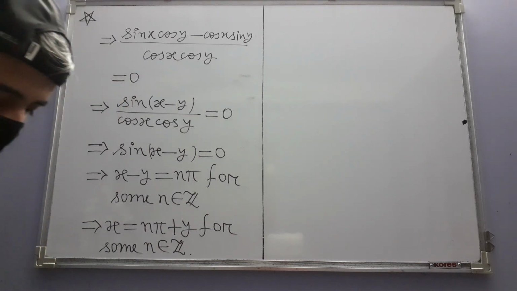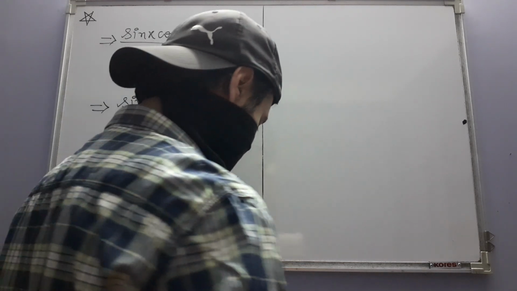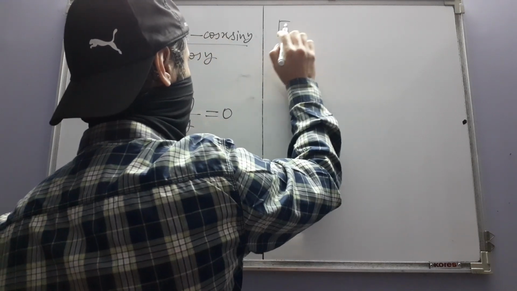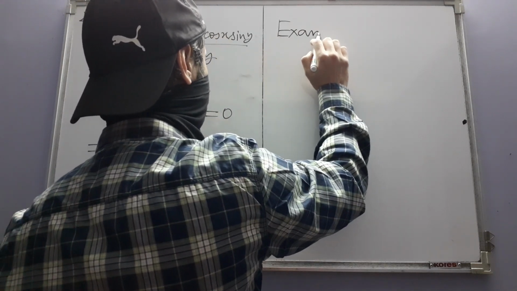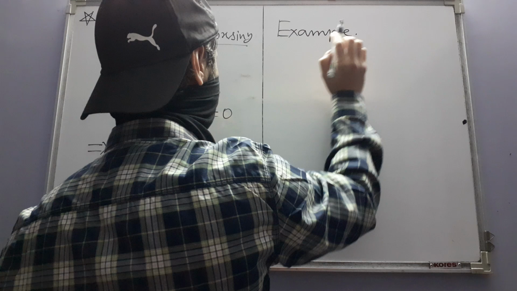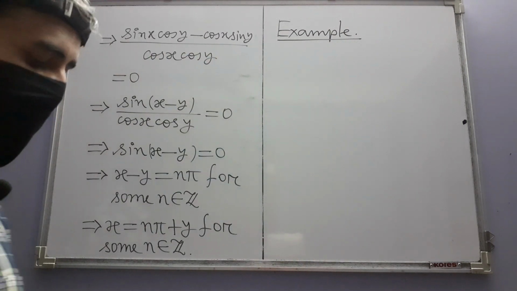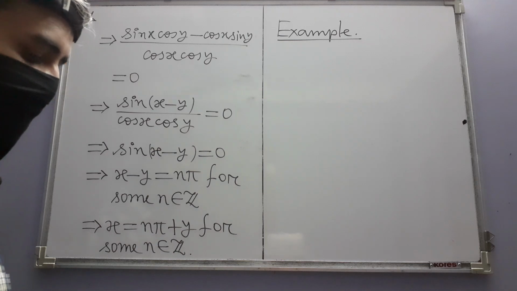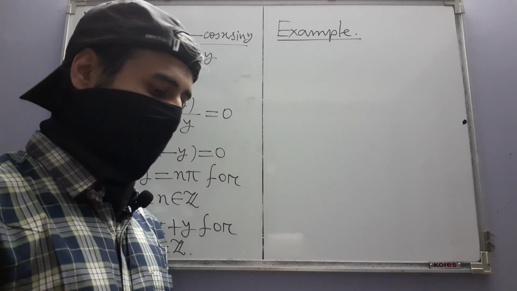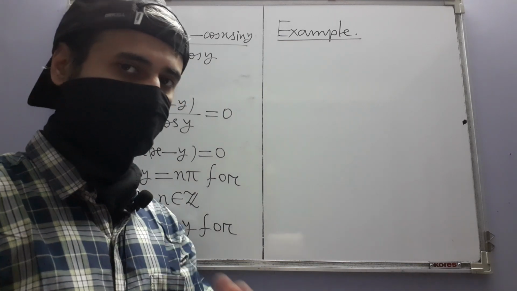So the first example after these theorems is this. I think it's example 20, but I am not following any numbering, so I am just simply going to write example. The text simply says find the solution of an equation.